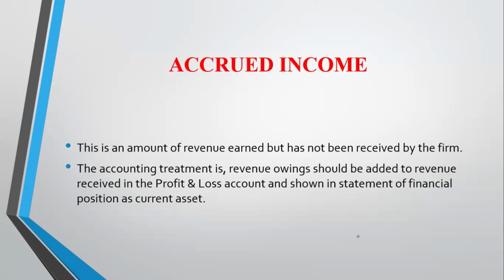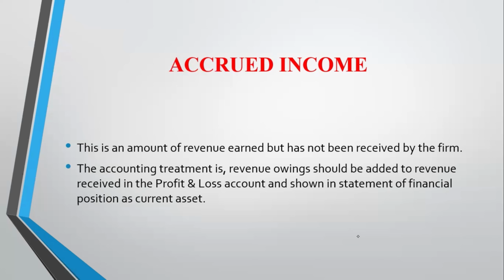Here it is a current asset to us. So it's just like debtors. Some people are owing us. So it is treated as a current asset in the statement of financial position. And when we get to our profit or loss account, it is added to the profit or loss account.